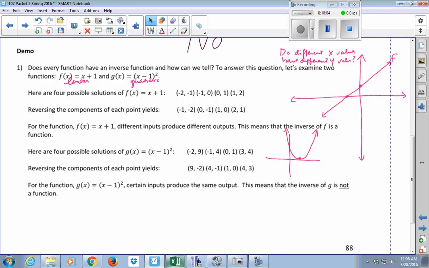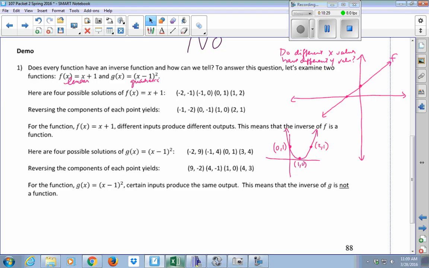So it would have 1, 0 for its vertex. It would still go through 0, 1. Okay, so there'd be a point over here, and over here, what would be the corresponding point to the right? If I go 1 unit to the left to get to 1, what would be the value of that point right there? I have 2, 1, right?